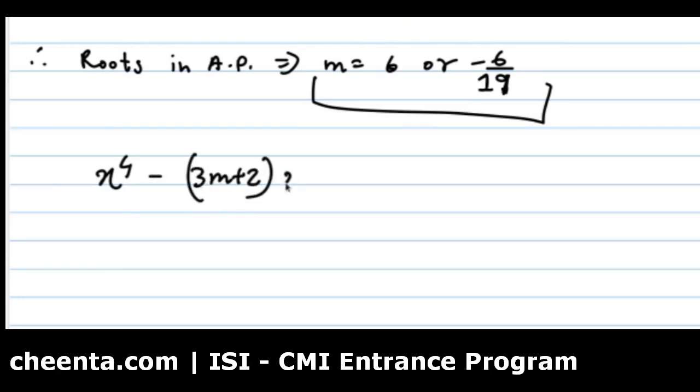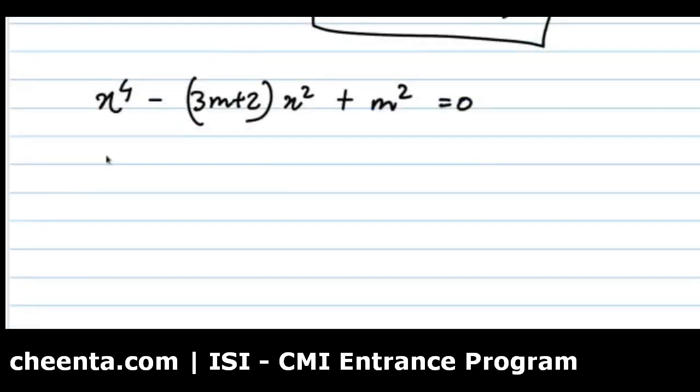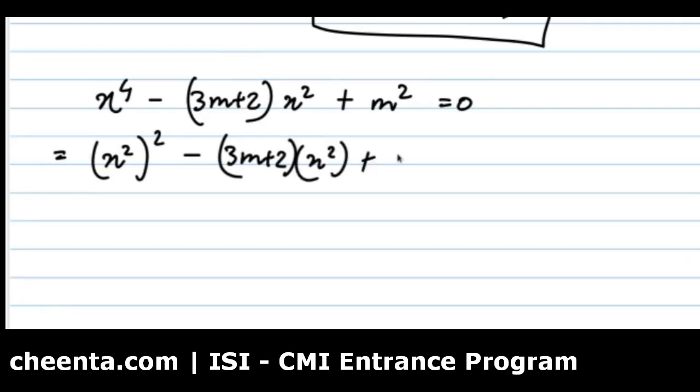x to the 4 plus 2 x squared... m squared equals 0. So this can be written as a quadratic in x squared. So 3m plus 2 ... m equals 0.